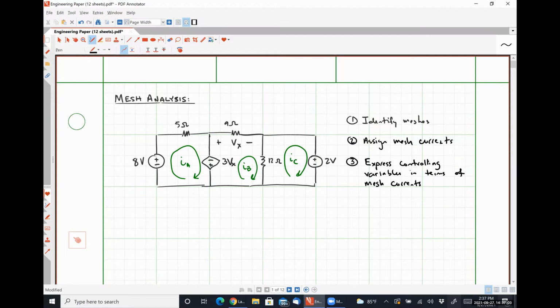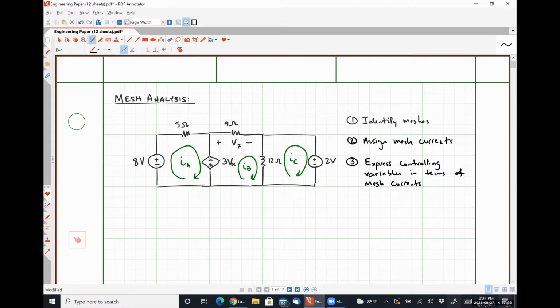So how do you guys think we are going to express that voltage Vx in terms of our mesh currents? Any thoughts? Pardon? Current IB times 9 ohms. Anybody else? I do. Seems perfectly reasonable, right?